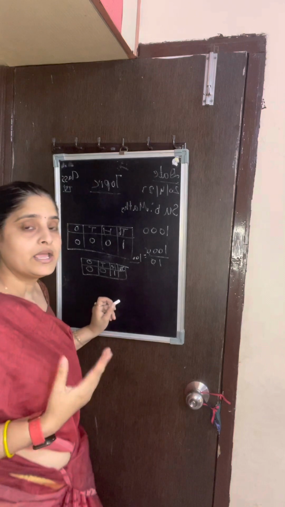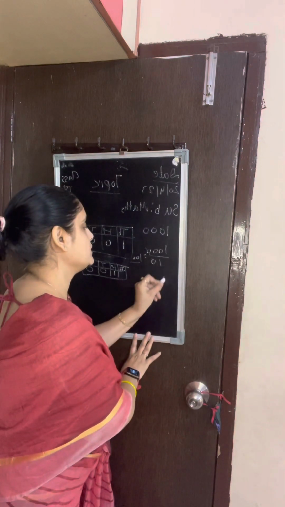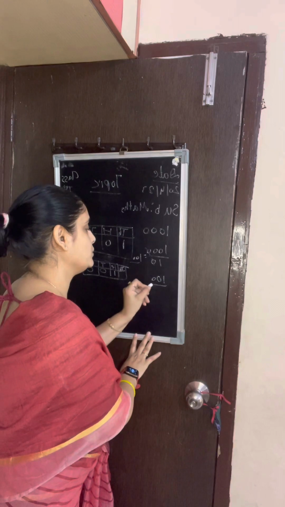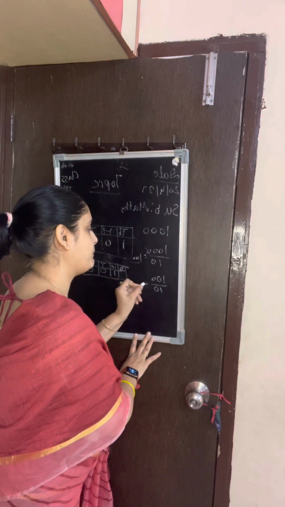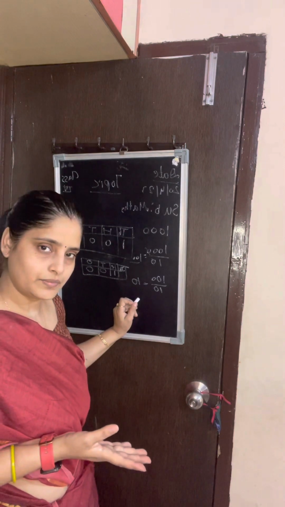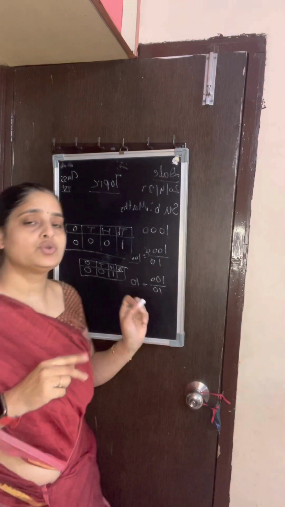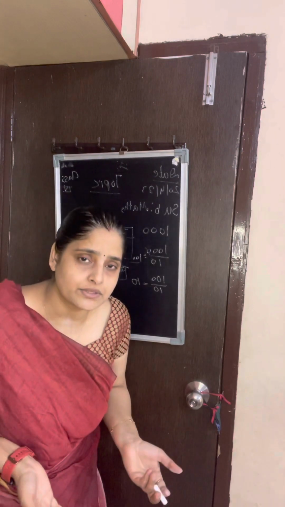Now again, if we divide this 100 by 10, then what will happen? We will get the number 10, right? And 10 is again a 2-digit number, right? So what will we observe?